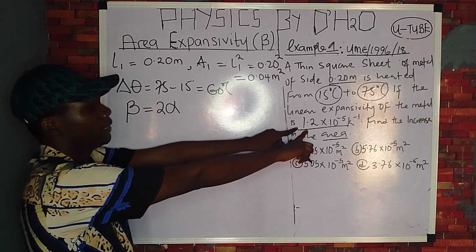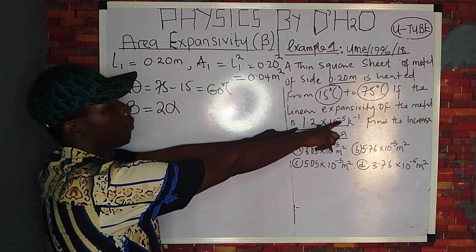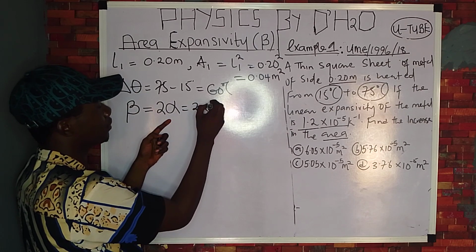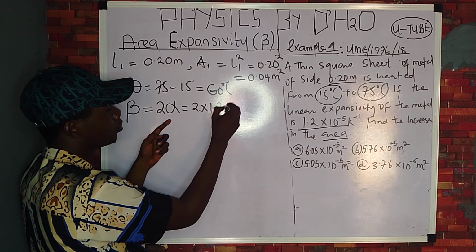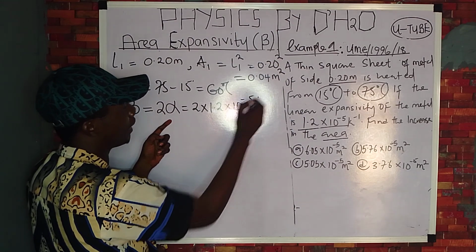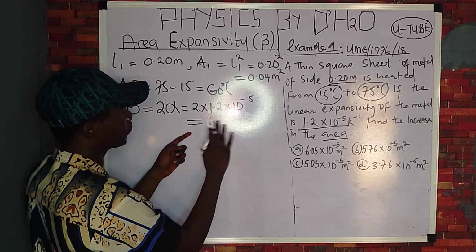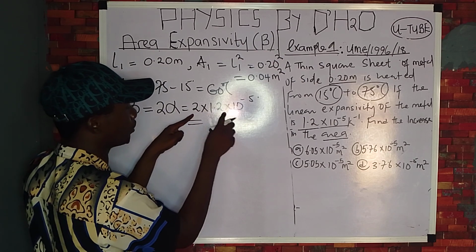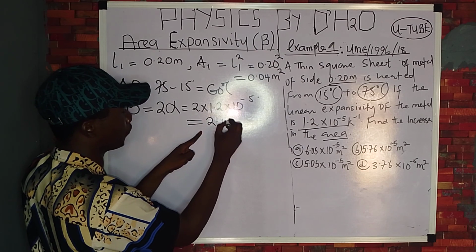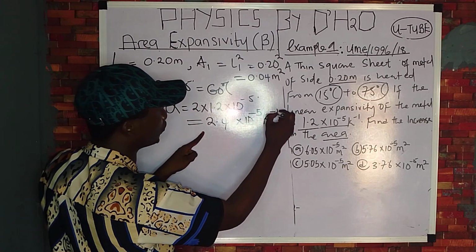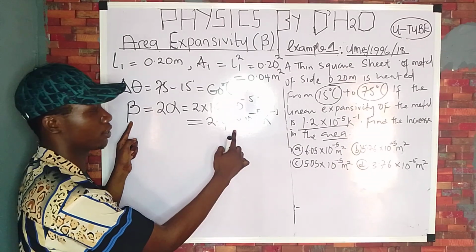Now, our linear is 1.2 times 10 raised to the power of minus 5 per Kelvin. So we are going to get 2 times 1.2 times 10 raised to the power minus 5, and if you multiply 2 by 1.2, you are going to get 2.4 times 10 raised to the power minus 5 per Kelvin. So this is our area expansivity.